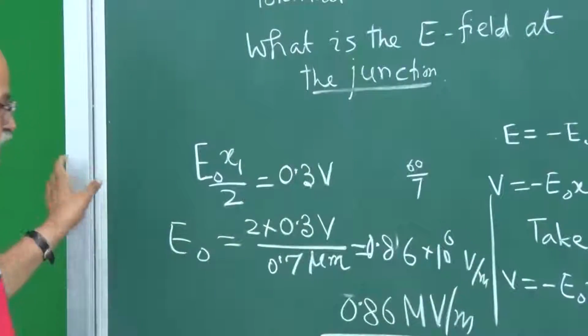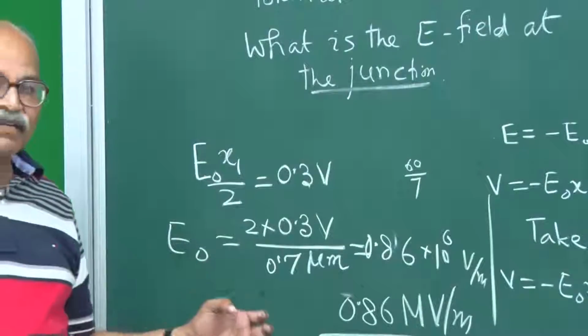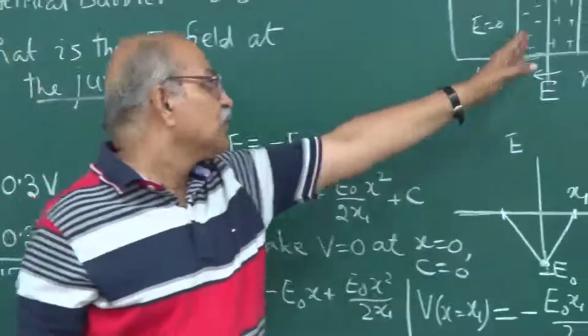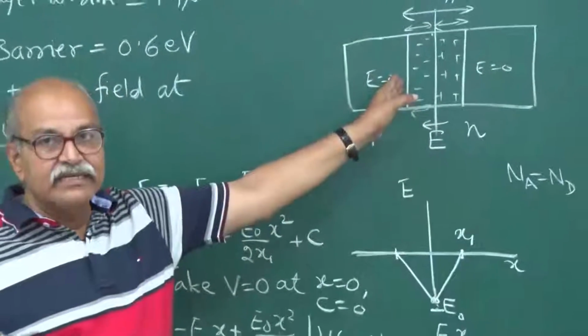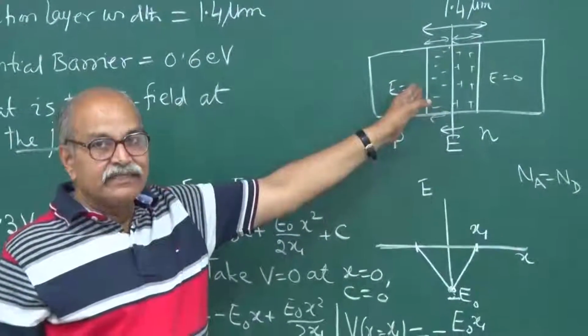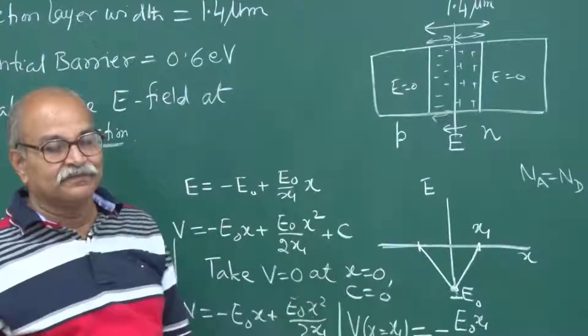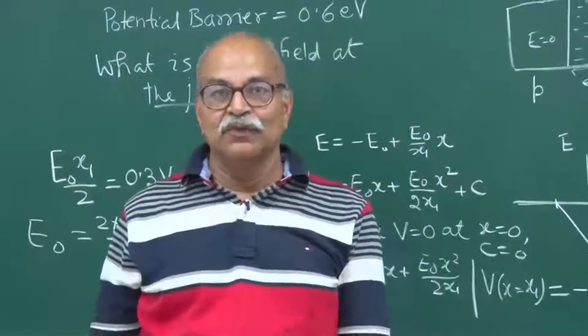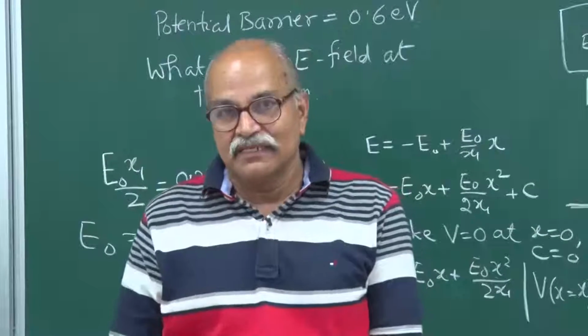That's the maximum magnitude of electric field which exists at the junction. And then as you go on this side or that side, it linearly decreases to 0. Alright, so we will stop here, and next time we will do some special p-n junction diodes.